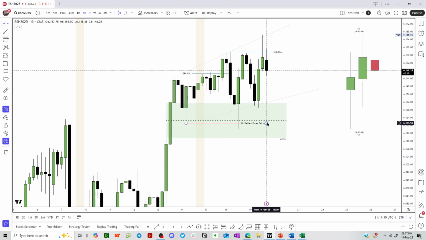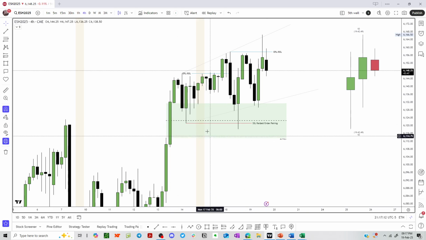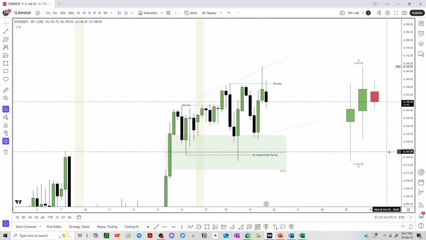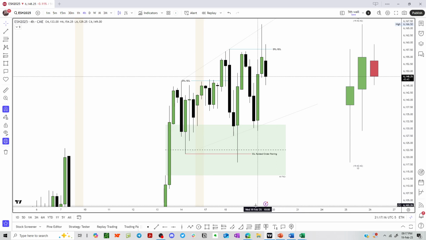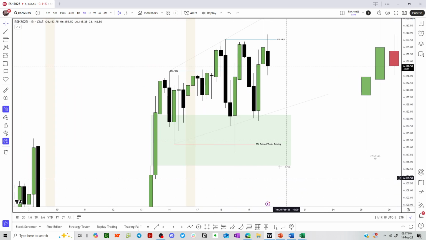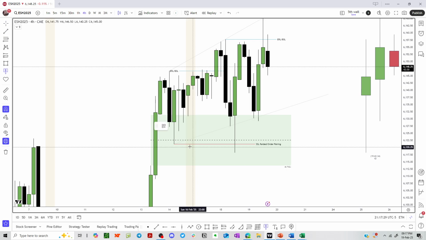So besides that, you have order pairing, right? So what am I talking about here? So you have internal range liquidity here. Can I do this right here? Boom, right?